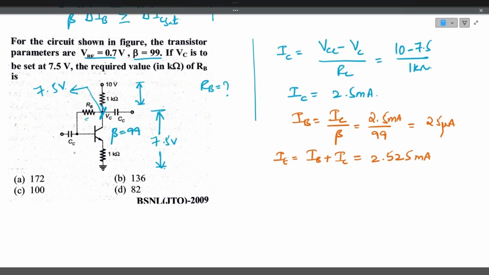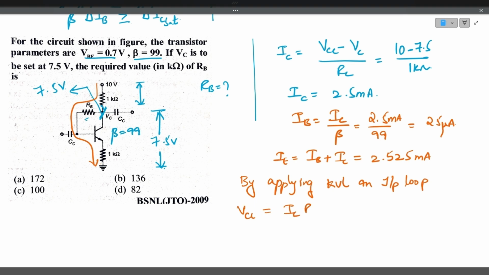Now if you apply Kirchhoff's voltage law in the input loop, by applying KVL in the input loop, you will get VCC is equal to IC RC plus IB RB plus VBE plus IE, the emitter current, multiplied by RE, the emitter resistance.